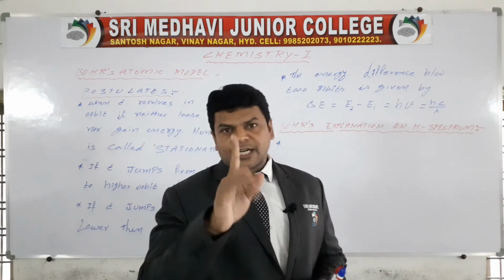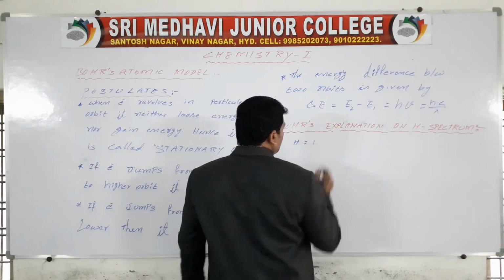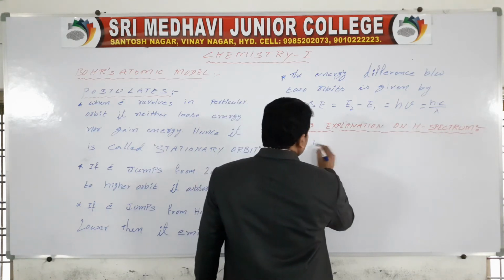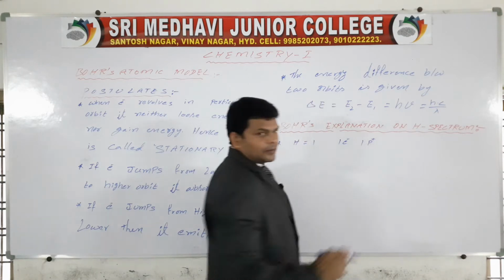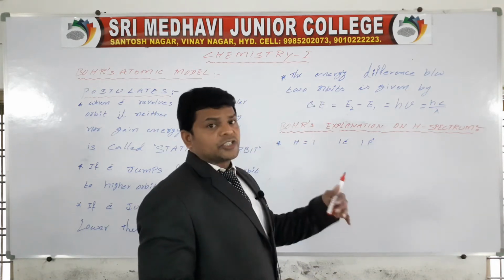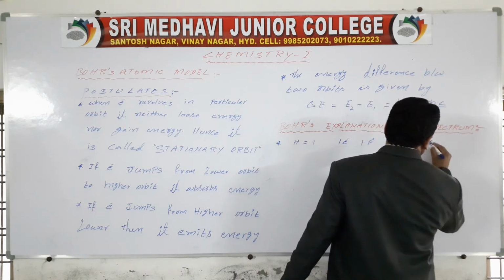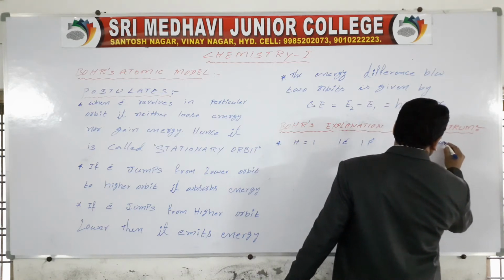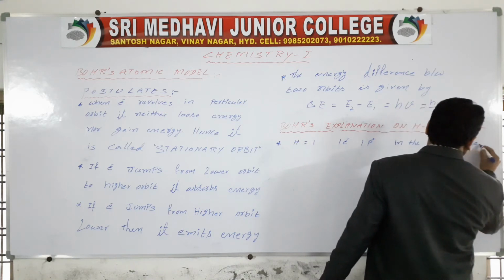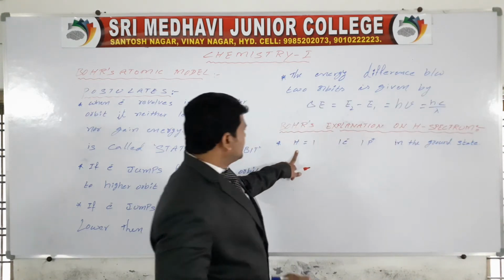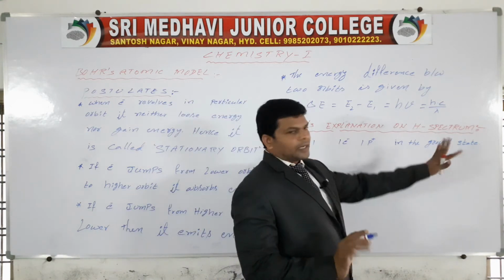Why? Because its atomic number is 1. Hydrogen's atomic number is 1, meaning it has one electron and one proton in the ground state.